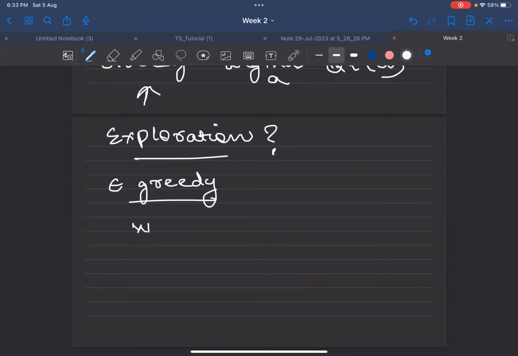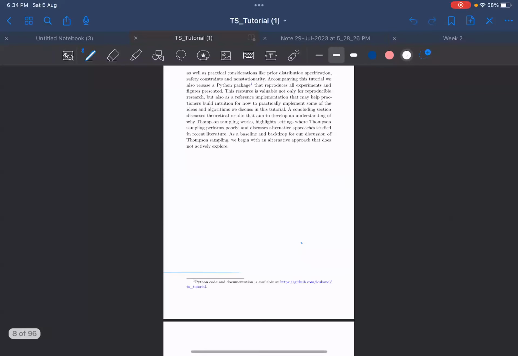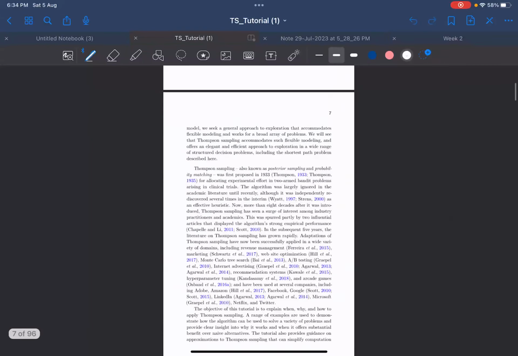Like as you told, with 1 minus epsilon, we'll go with the argmax A QT of A, and with epsilon probability, we'll uniformly choose from the actions. So this is basically epsilon greedy and greedy. I also told you about one of the tutorials, that's a Stanford one. So let's go there.